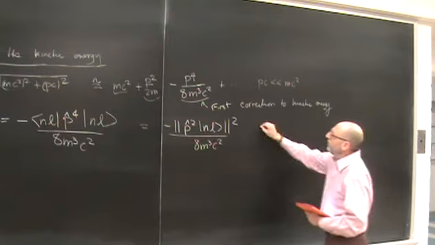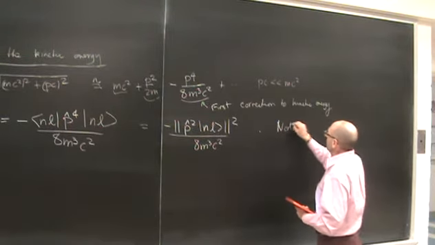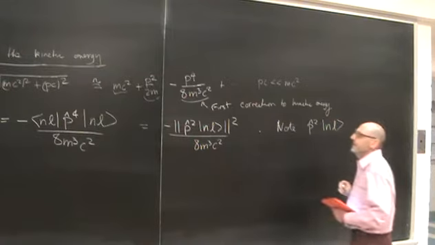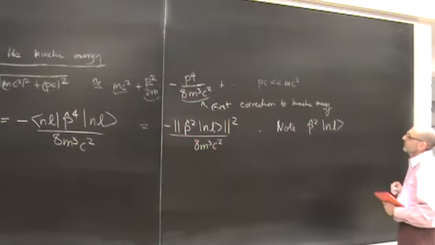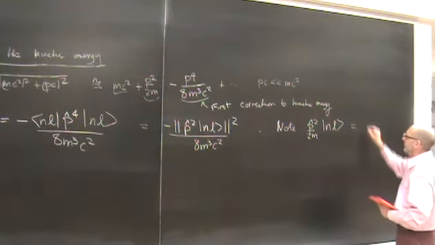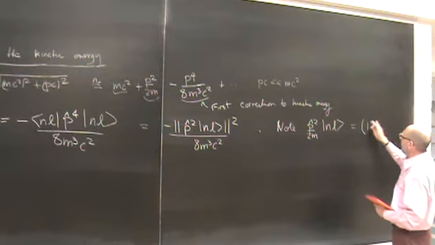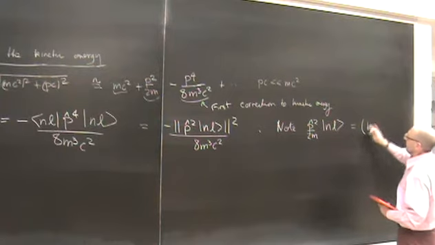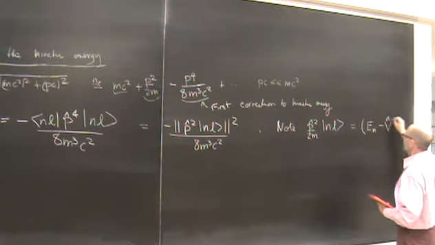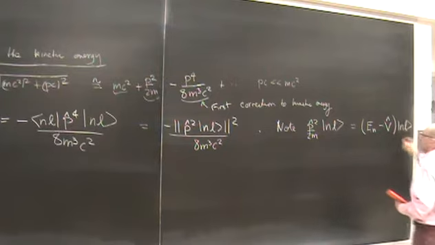Okay, now note the following. P squared acting on this state over 2m is equal to the total, these are the zeroth order eigenvalues, so it's this minus the potential. Right?